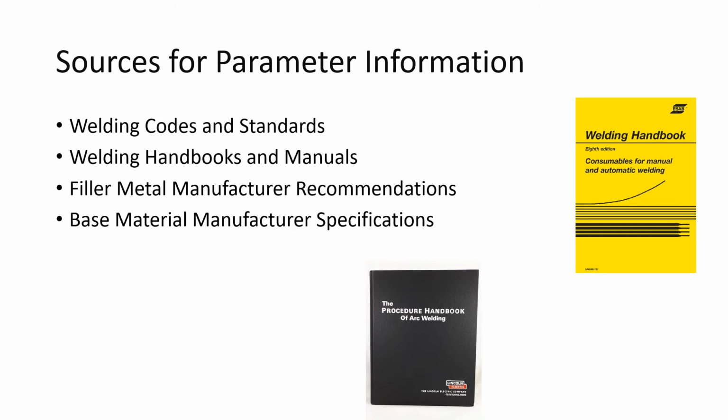A lot of these manufacturers have books like this, publications like this. You can get a lot of them online anymore in PDF form, but they have a lot of information in them that you can use to put together your game plan on how your guy is going to weld up this test plate, because that's what we're doing with a pWPS. We're going to weld up a test plate, and we've got to give work instructions to our welder to weld up a test plate.